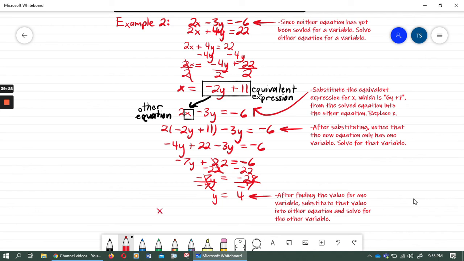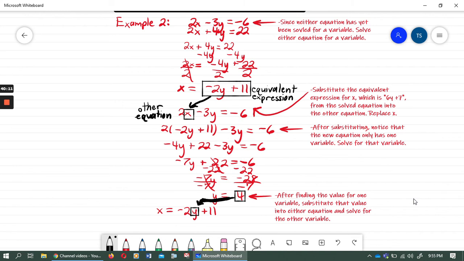So I'm going to choose that one where we got x equals -2y plus 11, and we're going to substitute that y value of 4 and plug it into this equation where we see y.